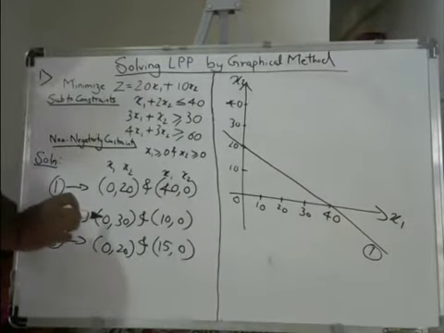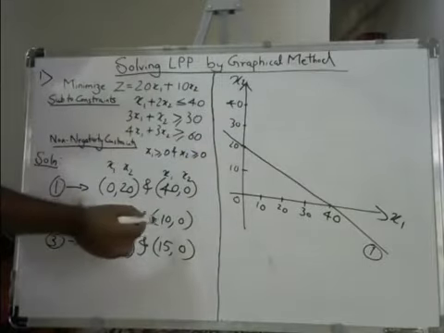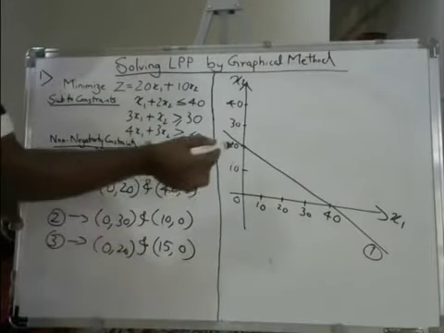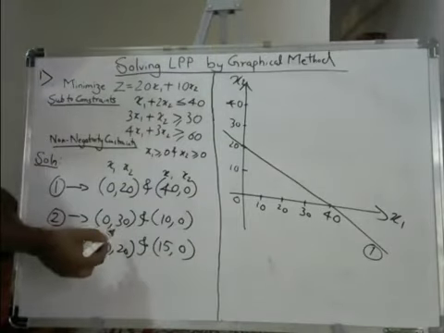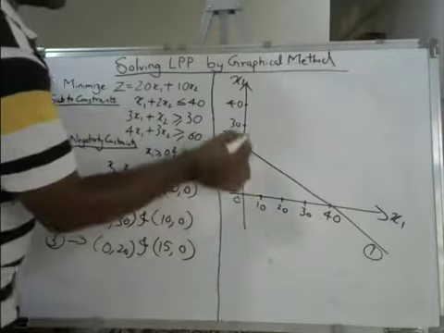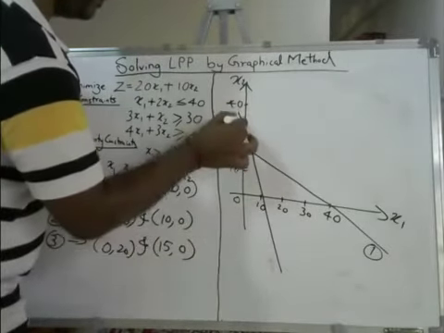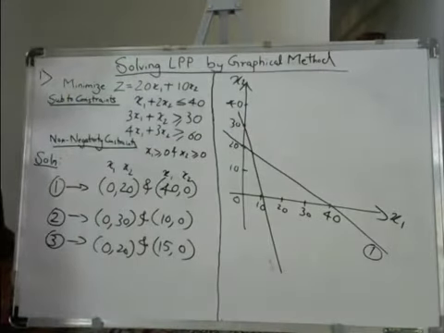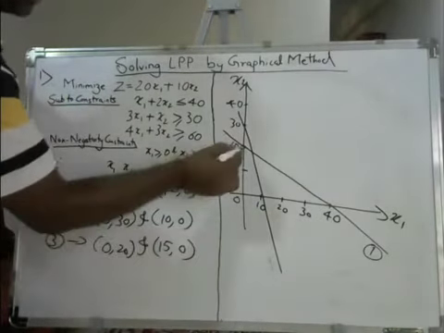Similarly, if x1 is 0, x2 is 30. If x2 is 0, x1 is 10. So, from 30 to 10, we need to draw a line. Okay? So, similarly, when x1 is 0, x2 is 20.